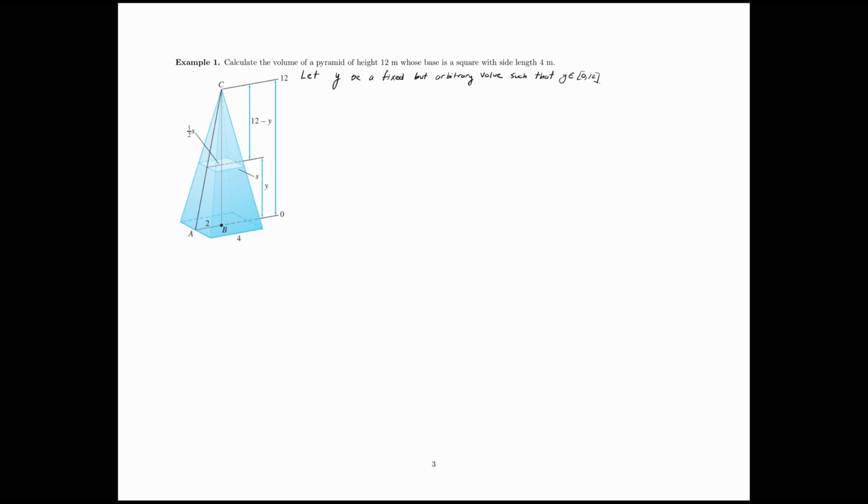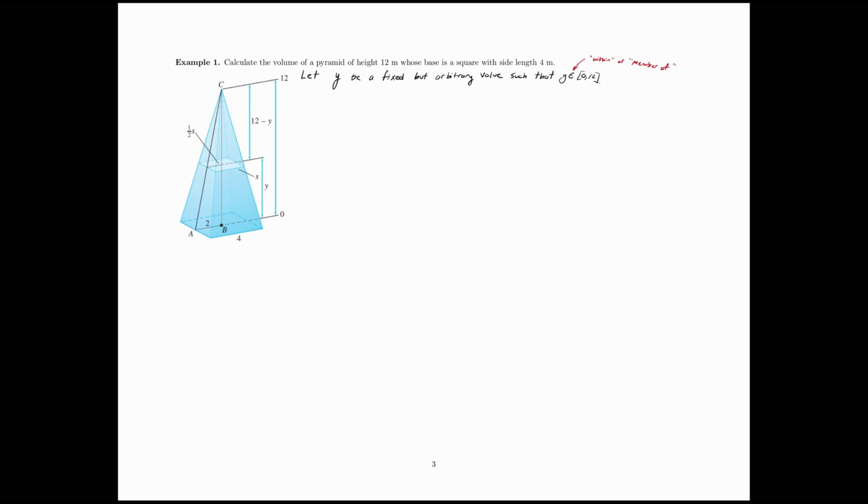Some of you may be unfamiliar with this notation here, this little symbol. This just means within, or possibly member of. And all we're trying to do is say that y is some fixed value, but it's arbitrary.